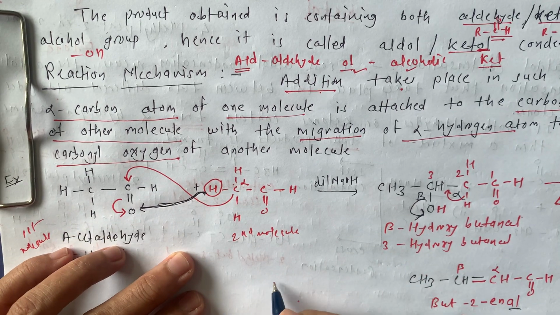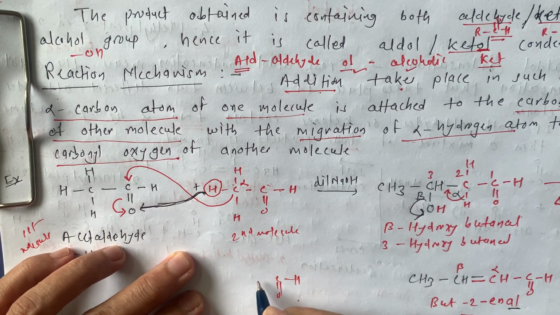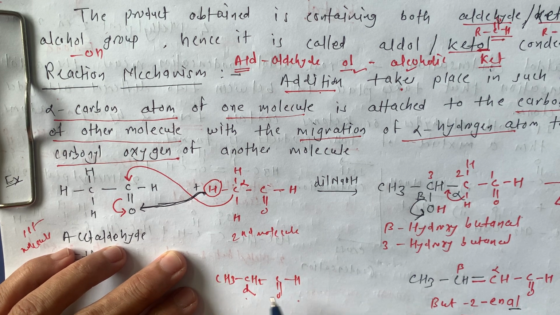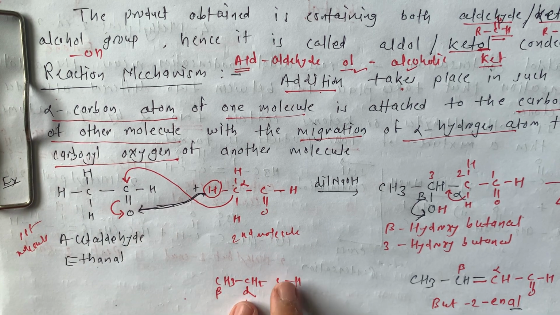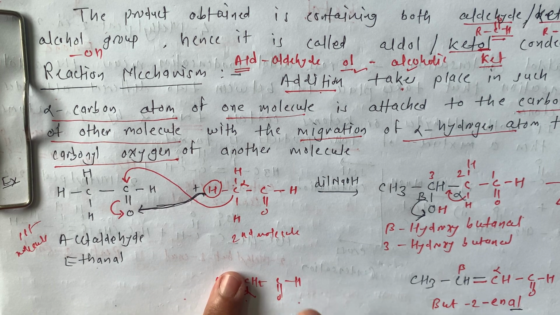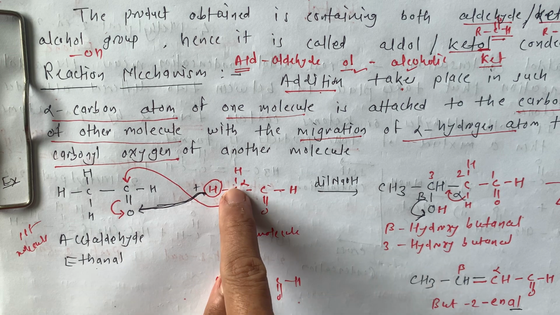Please understand, if there is acetaldehyde, then this one is the alpha carbon. If one more carbon is there, meaning now this is propanaldehyde, then there is a beta carbon. Next to the functional group is always known as the alpha carbon. Next to that is the beta carbon. First I took the example of acetaldehyde, so this is the alpha carbon.